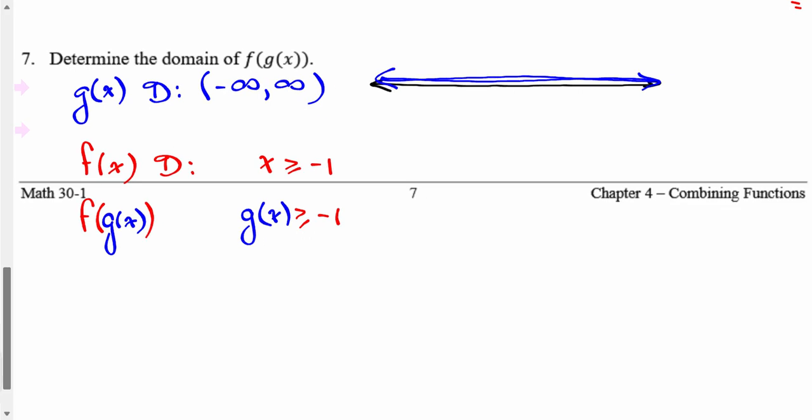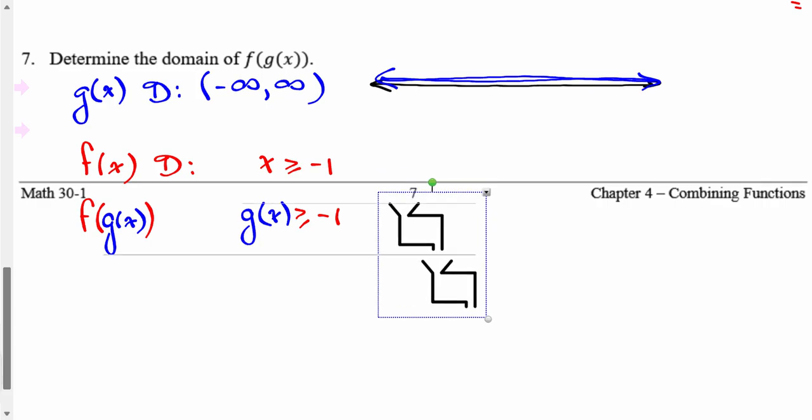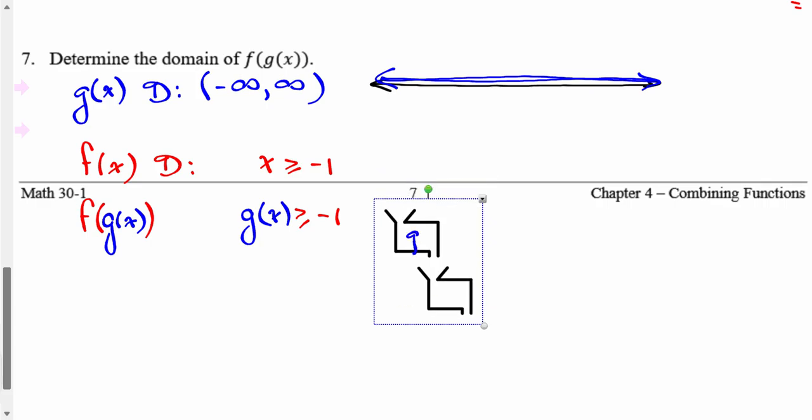What is that saying? Again, I'm going to come to this function machine. There's g of x. There's f of x. At this point, I'm saying my input is greater than or equal to -1, which means here my output from g of x has to be greater than or equal to -1 as well.